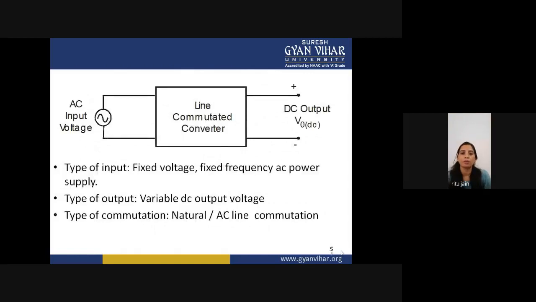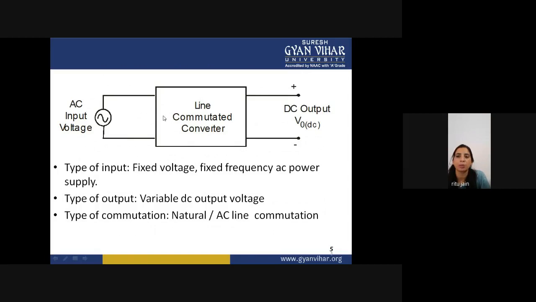First we have to understand what a rectifier is. As you can see in this diagram, the input is a fixed voltage, fixed frequency AC supply, and in the output you get a DC voltage. This is a line commutated converter.